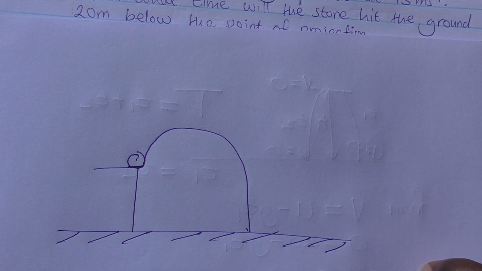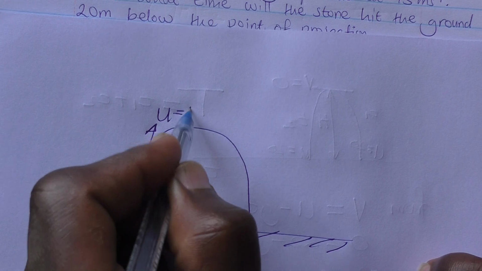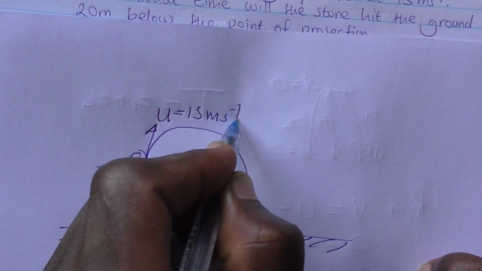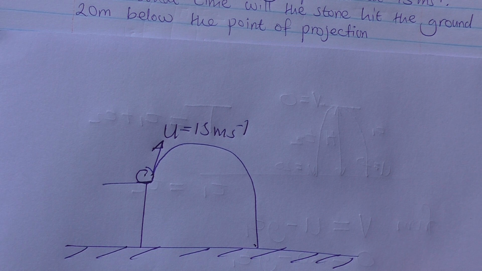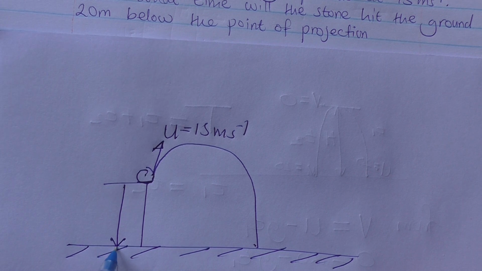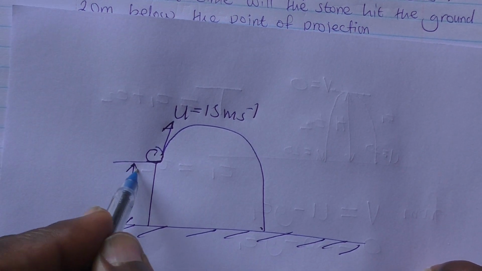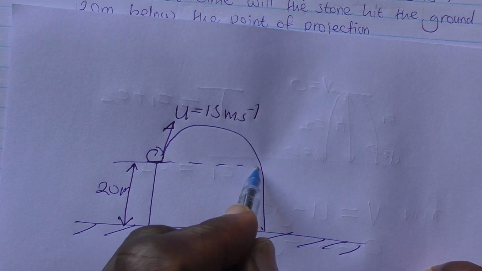It is given an initial velocity of 15 meters per second, and we are told, after what time will the stone hit the ground, that is 20 meters below the point of projection.